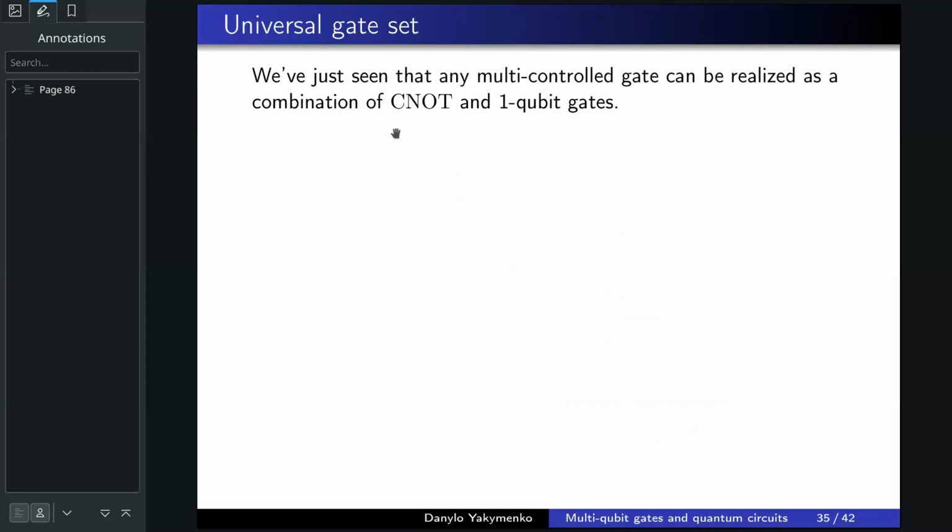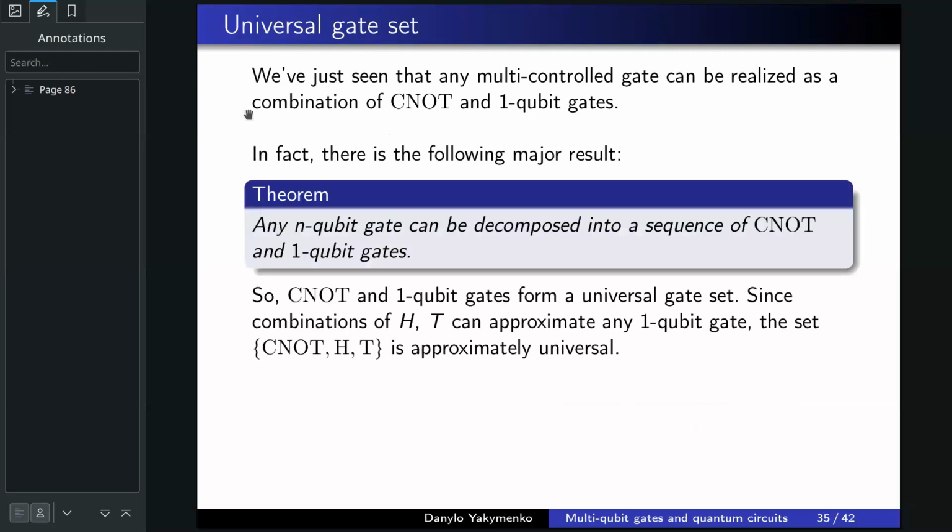Well, this is what I just said, that we can express them as a combination of CNOT and 1 qubit gates. And there is actually a major result in quantum computing which states that any n qubit unitary gate can be decomposed into a sequence of CNOT and 1 qubit gates.